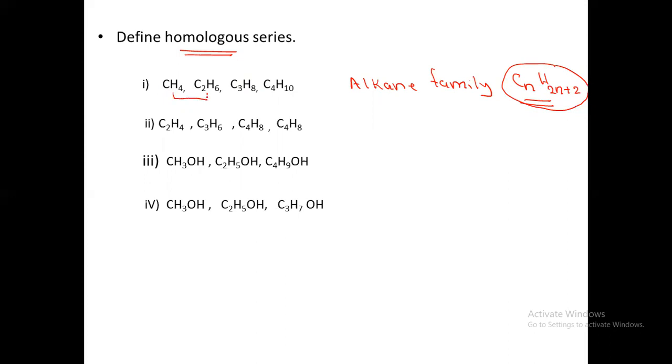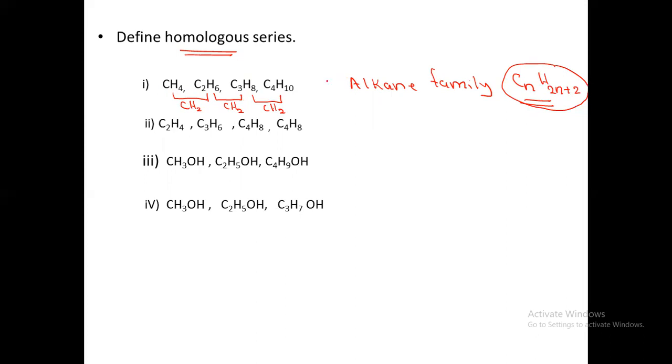From CH4 to C2H6, there is an extra carbon and 2 extra hydrogens. So among the successive members, the difference is CH2. In between each member, they differ by 1 carbon and 2 hydrogens.